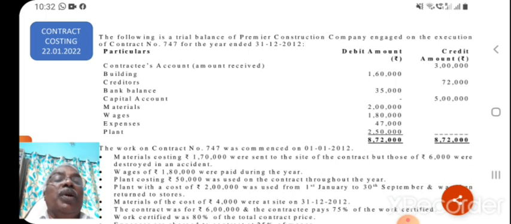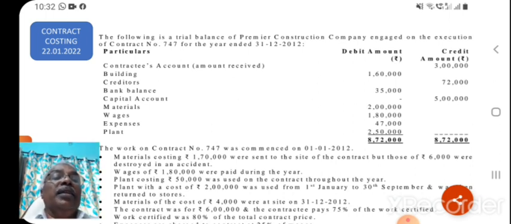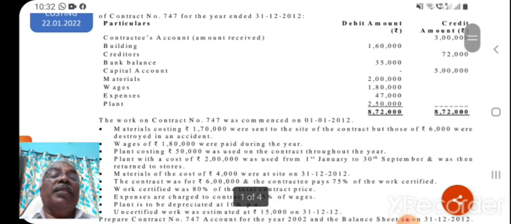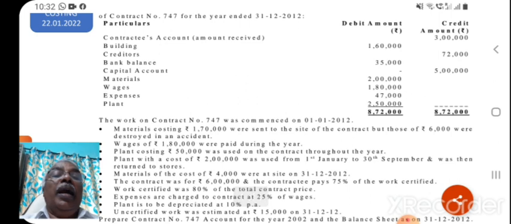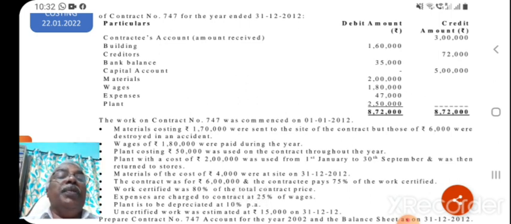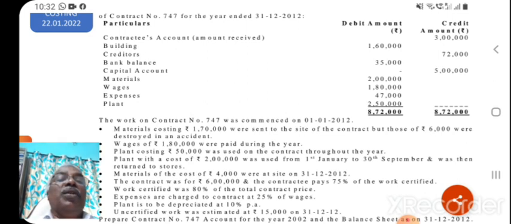The contract was for 6 lakh and the contractee pays 75% of the work certified. So we should calculate what is work certified. Work certified was 80% of the total contract price. What is 80% of 6 lakh contract price? 4 lakh 80,000.